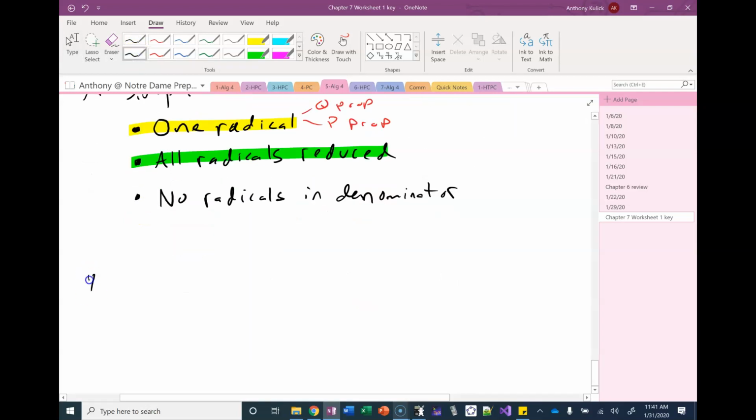And to talk about that, I want to do this by analogy, because eventually I'd like to get to the point where we can reduce these radicals without really having to show much work. And the easiest way to do that is to think about it as this kind of problem that I'm going to describe to you.